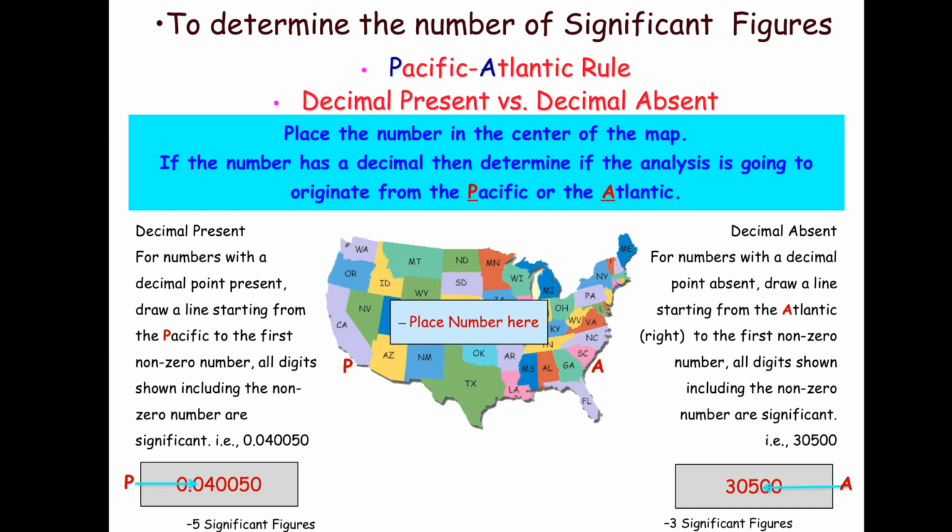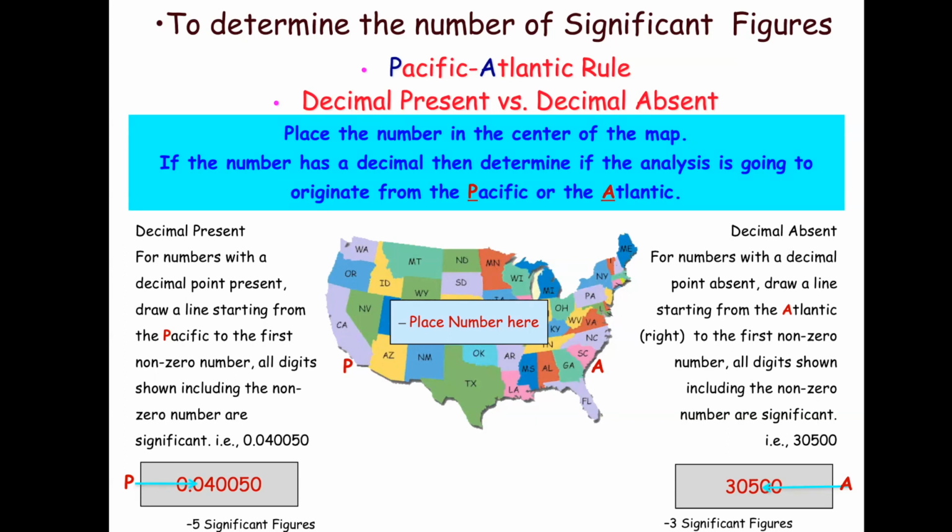So if we take a look at 30500, there is no decimal, although there's an implied decimal all the way at the end. But the way it's written, there are no decimals. So you draw a line from the Atlantic all the way to the first non-zero number, going from the Atlantic to the Pacific. All digits after that are significant. So this 30500 has 3 significant figures.